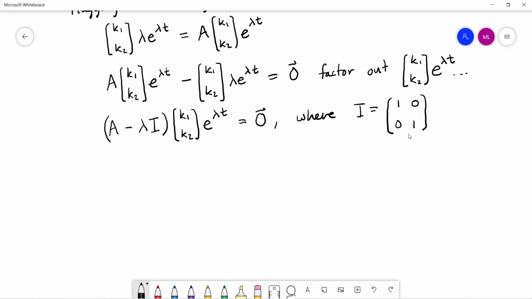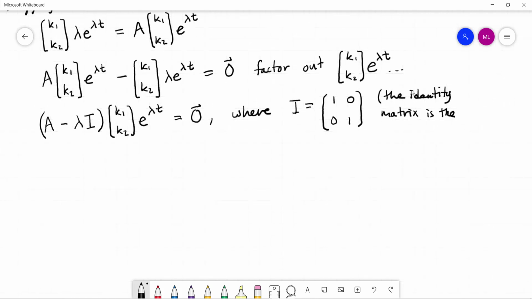And what this does is basically this is the matrix equivalent, the identity matrix is the equivalent of the number 1 in matrix form.